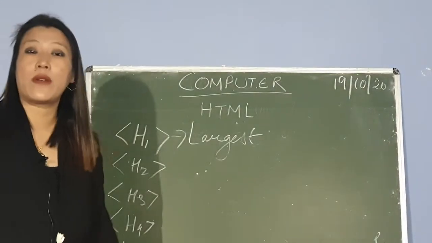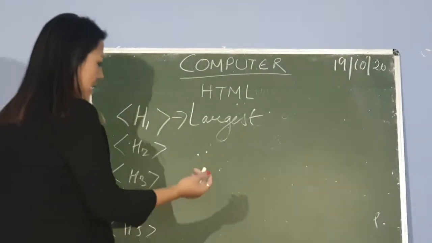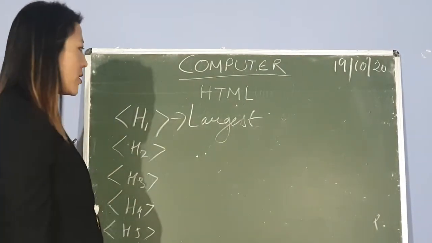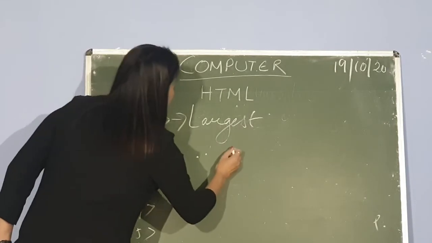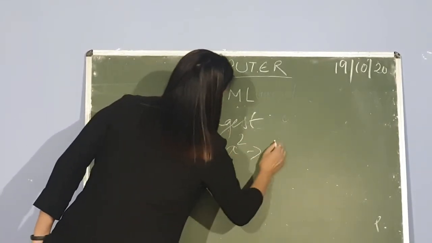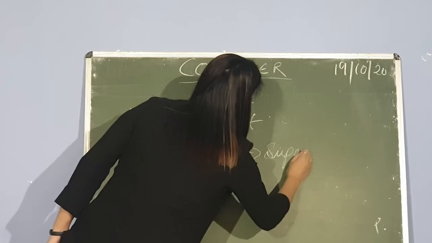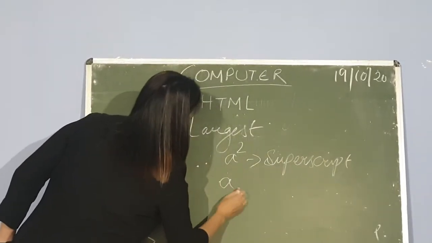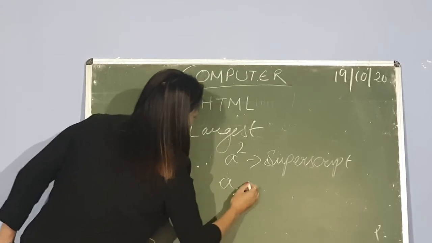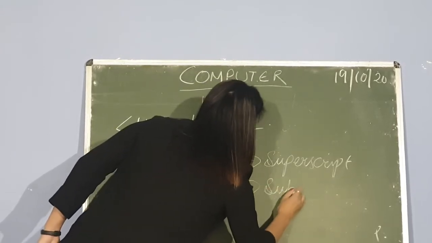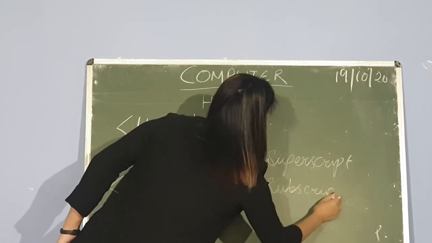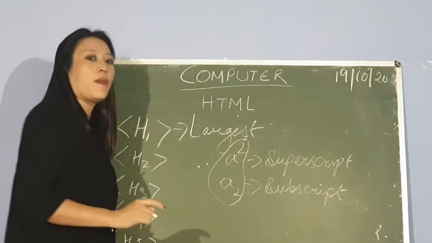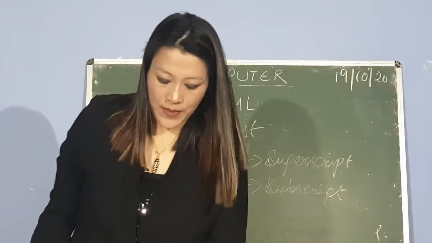As I told you in Microsoft Word, superscript and subscripts are used when writing chemical equations and mathematical equations, like a square, this is superscript, and a base 2 is subscript. You might have to use this kind of equations in HTML, so you have to apply superscript and subscript also, okay?